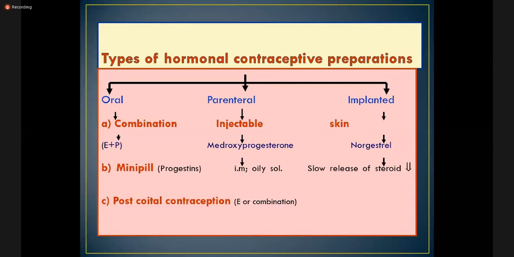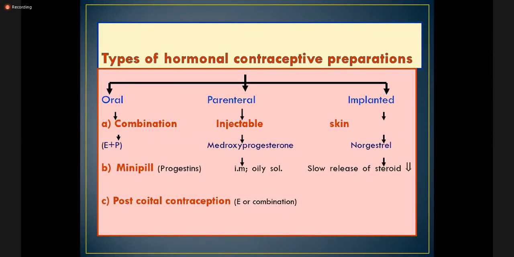But another point I want to discuss is that the combination pill is supposed to be the most effective preparation, so the failure rate is less. The progestin-only pill is not as effective as the combination pill, with increased chances of failure.